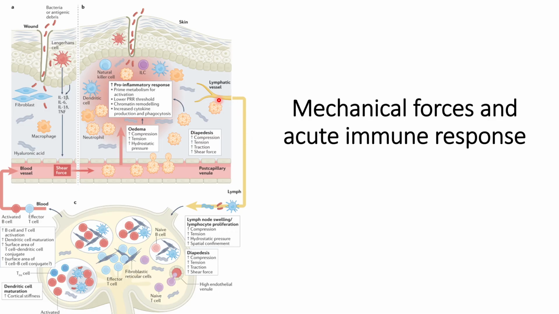Once the infection has been neutralized because of the lower presence of bacteria or antigenic debris, the activation of the T cells and B cells goes down, and those activated T cells and B cells undergo cell death, or apoptosis, so that the immune system can return to a normal state. This is how the mechanical forces and acute immune response are related and how they function.